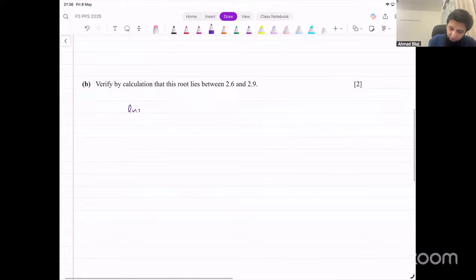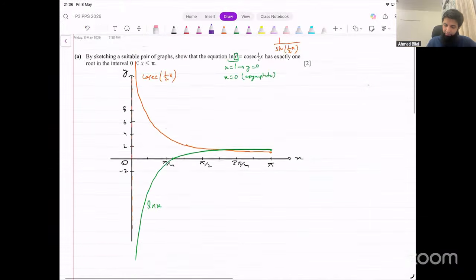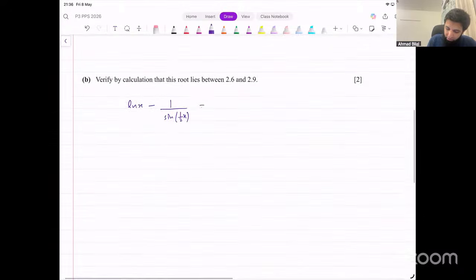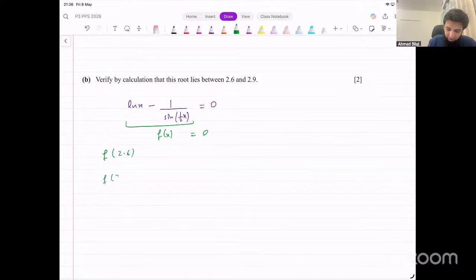We take all terms to one side: ln x minus cosecant of half x, which we can write as minus 1 over sine of half x, equals 0. Now, you could say this thing is f of x. We have f(x) equal to 0. Let's input those x values in this: input 2.6 and then 2.9 and see what values you end up getting from both of them.